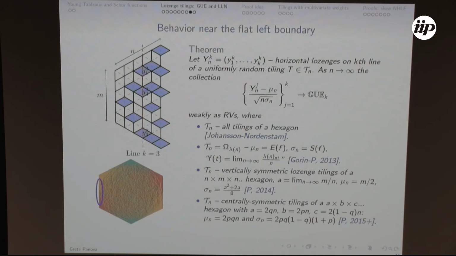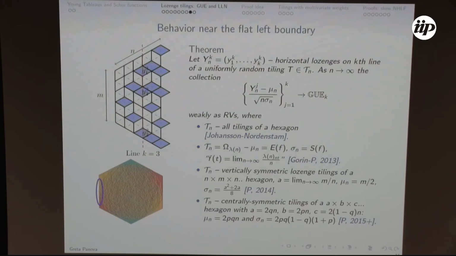So now that we have some parameterization, we can say exactly, depending on how this lambda changes, what happens, let's say in this particular case, near the flat left boundary. And so this is like a meta theorem with all sorts of cases inside. So we have these vectors of positions of horizontal lozenges on the various vertical lines. So this here is the third line, and we can take them all together from 1 up to k.